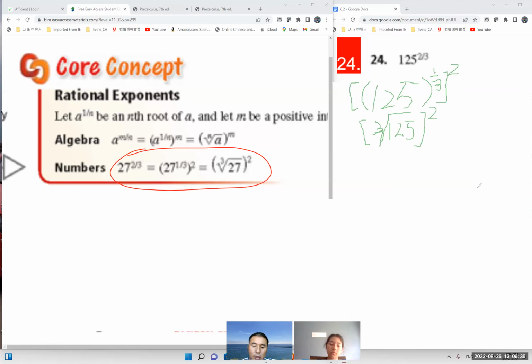Yeah, yesterday we talked about the cubic root, right? Yeah, please decide what's the cube root for 125.